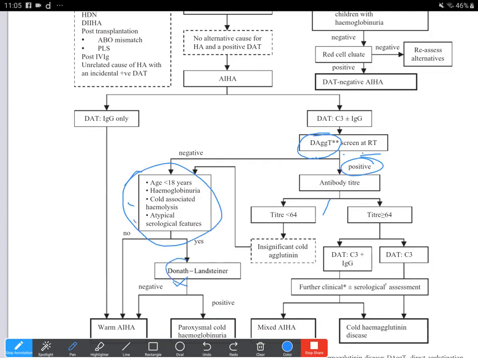So in all atypical cases of cold agglutinin also, we need to first rule out the Donath-Landsteiner antibodies. And this is one test that, if positive, would rule in paroxysmal cold hemoglobinuria. However, if it is negative, then we can consider those antibodies to be warm autoantibodies causing autoimmune hemolytic anemia.